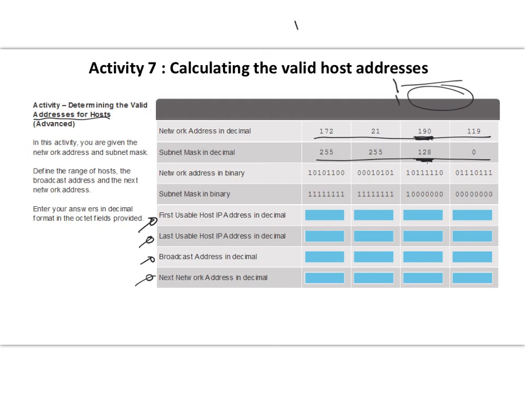So it will be 172. I will put it here, not here, right? Because the question is asking for something else. So I'll put it here: 172.21.128, right? 190 masked by 128 is 128, right? Dot 0. So this is the subnetwork address. That's not what the question is asking for. What the question is asking for is the first host address.